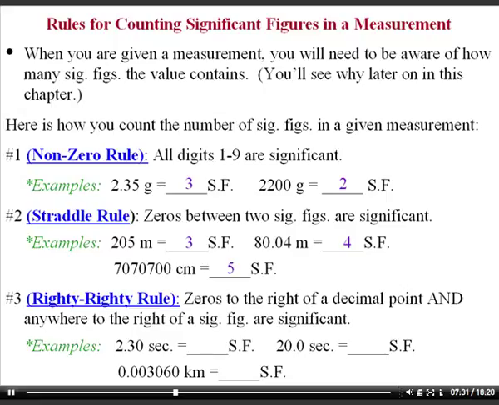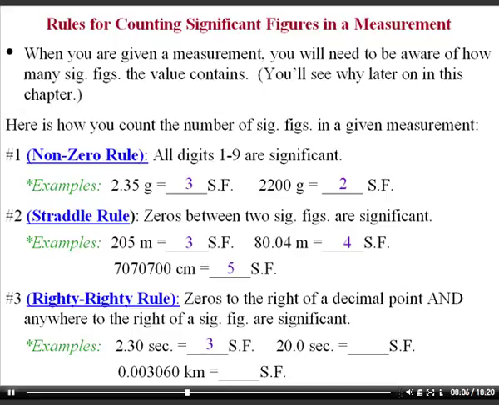So for example, if you have a stopwatch and you stop the watch and the watch reads 2.30 seconds, that would contain 3 significant figures because the 0 at the end of the number is after the decimal point, which is the first stipulation for the righty-righty rule, and it's to the right of the number 3. So it's to the right of the decimal and to the right of a sig fig. So I basically tell the students, zeros at the beginning of a number, they don't count, but zeros at the end, as long as they're after a decimal point, do count towards the precision.